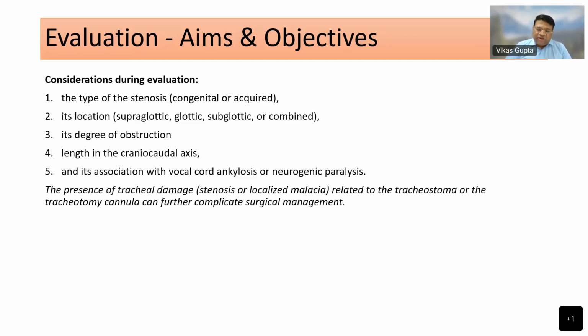How do we examine? We'll get to know further how we examine these things. But it is very important to document the health of the tracheostoma and the health of the tracheal rings in the vicinity of the tracheostoma, because it can further complicate our surgical management.